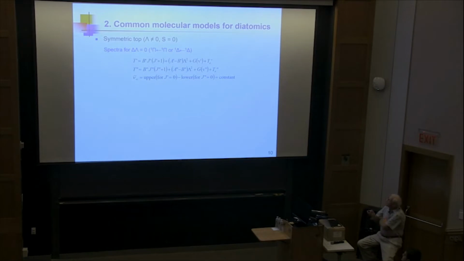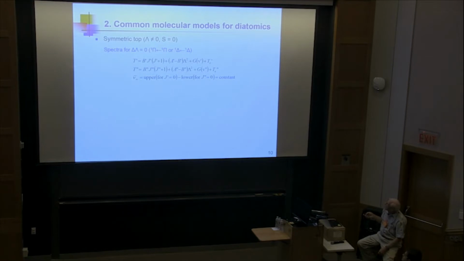So how do we go about this? We always add up the energy in the upper state, T prime. There's the rotational term, which now has this symmetric top part, plus the vibrational term, plus TE prime. The lower state, same thing. So this is assuming we've got symmetric tops, top and bottom.